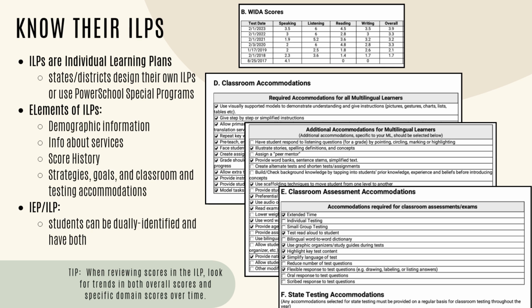So we need to dig in and go beyond that overall composite score when we're looking at students and what they need. We may see that they need focus on all four domains, or we may see that they're doing really well in a couple of the domains and really need some help in one or two of the other domains. So I encourage you to review the scores, know the ILPs, and make sure you're following them.